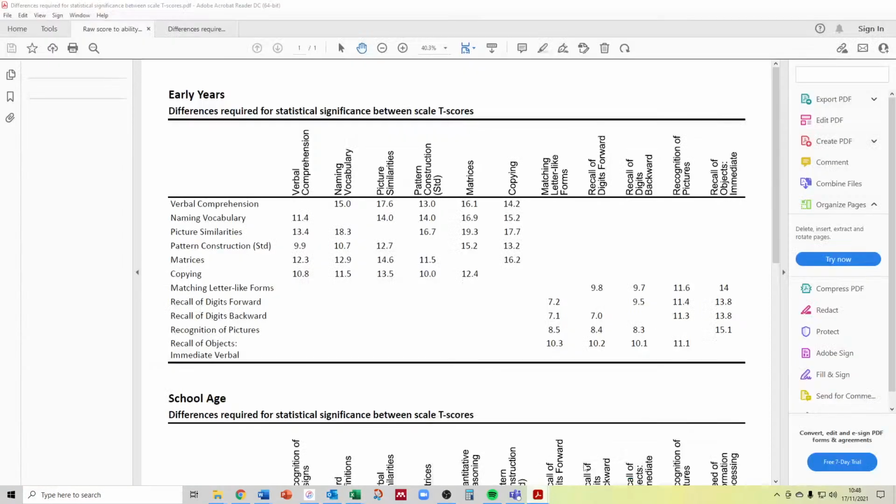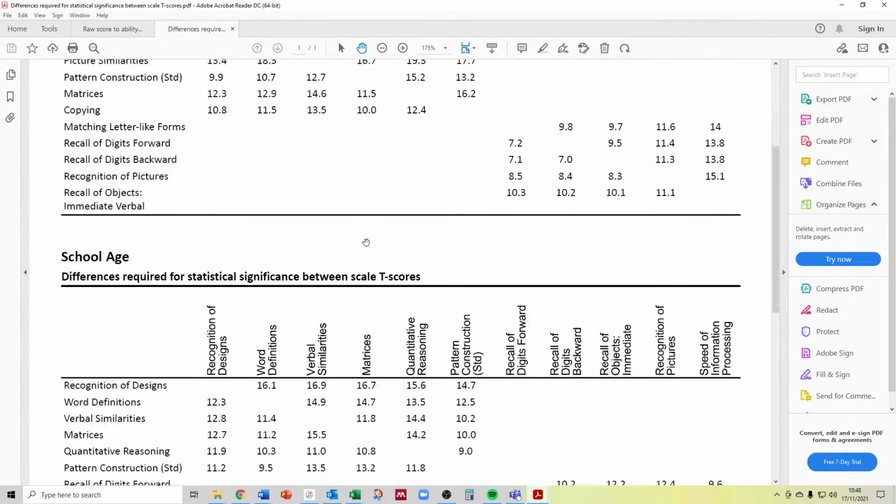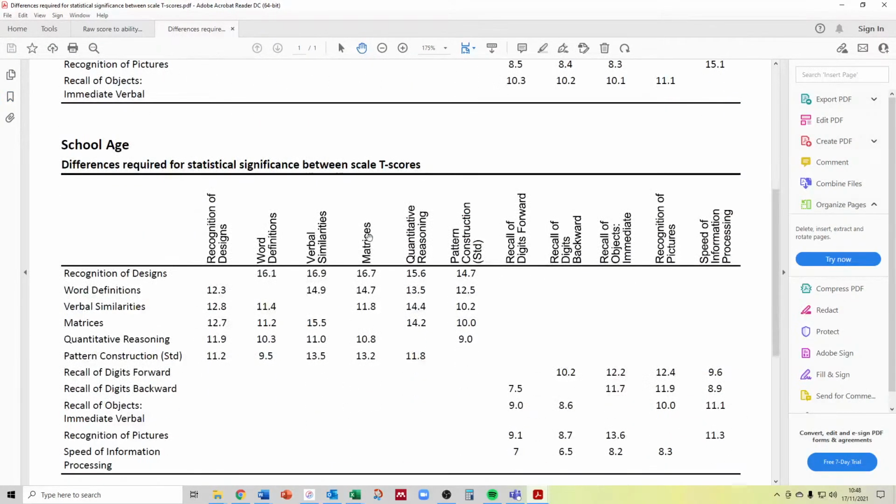So let me show you where I'm getting that, because somewhere I'm making a mistake and maybe you can help me work this out. So this is a child of school age because we've said that they're 9, although it's not relevant for here. So recall of digits forwards versus recall of digits backwards. Down at the bottom left hand of the triangle, I'm familiar with the idea that we're looking in the bottom left for difference at the 0.15 level.